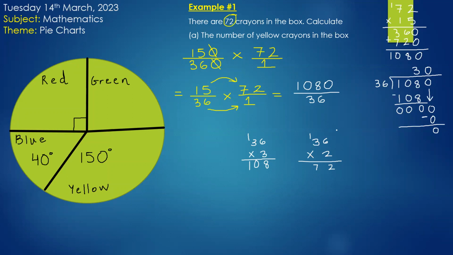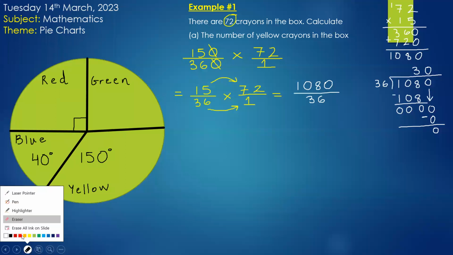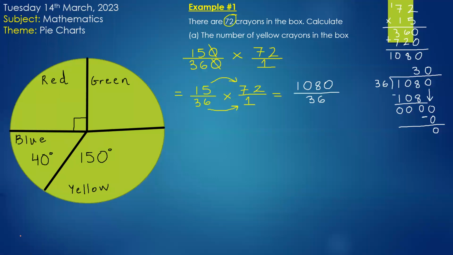And so that means that when we divide 1080 by 36, we get 30.